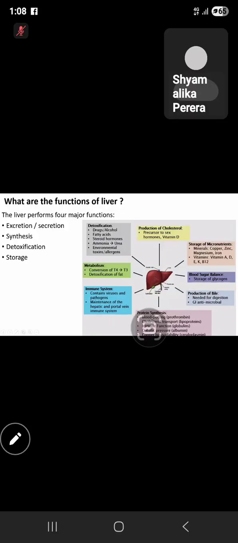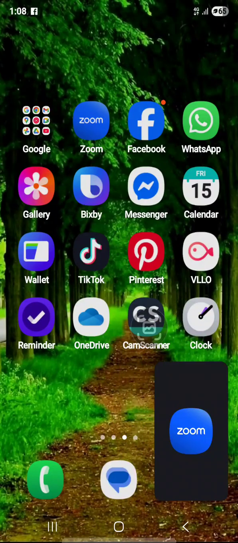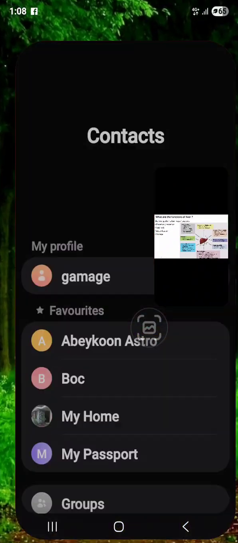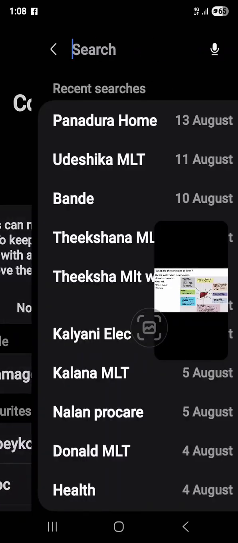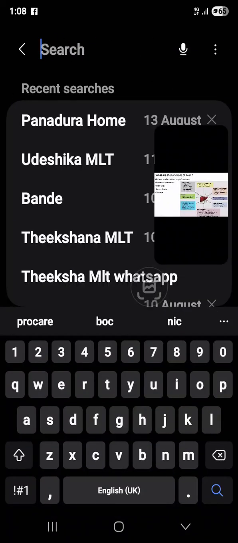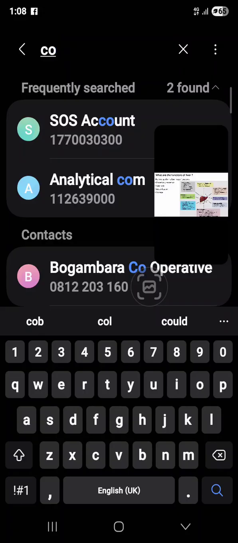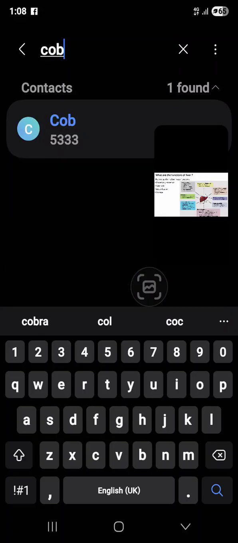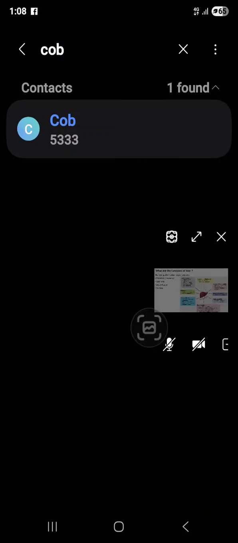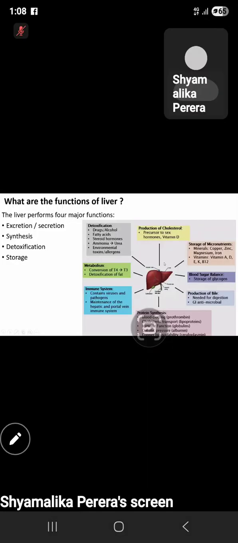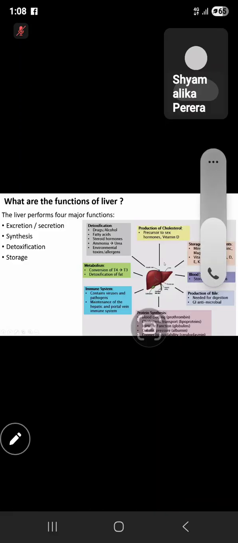When we think about liver functions, there are a lot of them. As you see in the image: detoxification, production of cholesterol, certain metabolic functions, immune reactions, protein synthesis, degradation of bilirubin. Likewise, there are many liver functions, but we can categorize them into four major ones: excretion, synthesis, detoxification and storage.